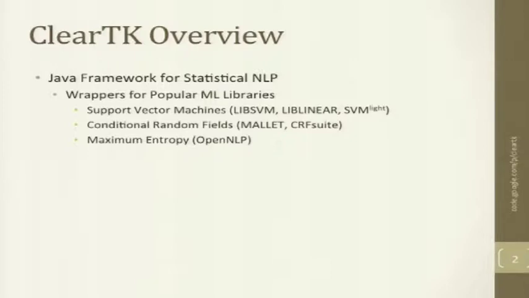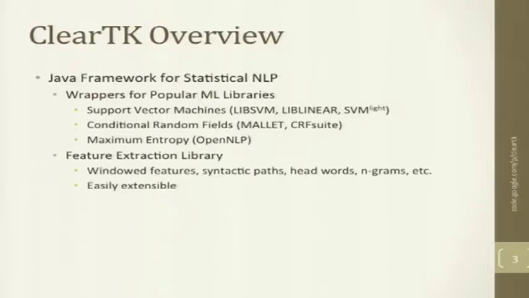So if, for example, you're using mallet's implementation of conditional random fields in your tool, and you decide that it's running too slow and you want to try out a different implementation of CRFs, then you can simply plug in a different machine learning library like CRF Suite, and this essentially requires no changes to the rest of your application.